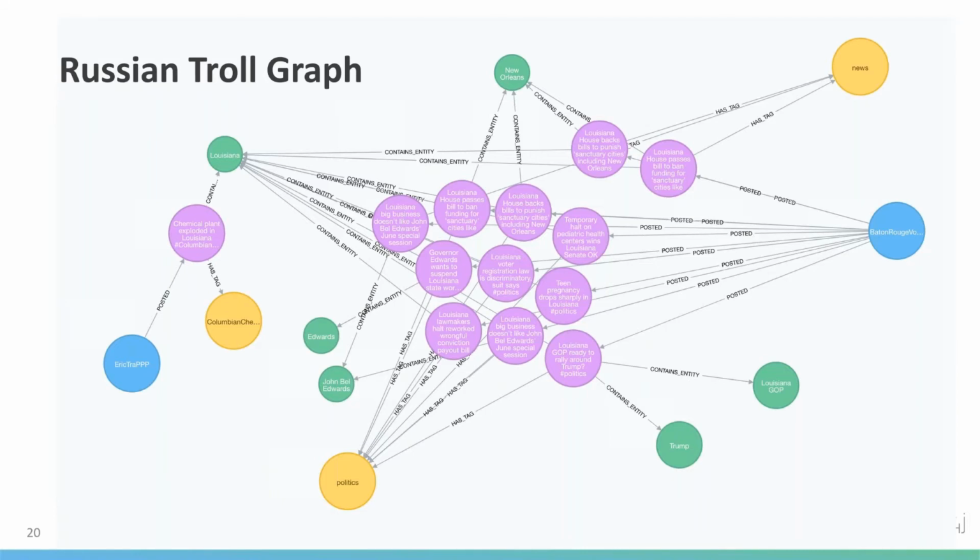Another great example that is quite fresh is the Russian troll graph, and what this is depicting is the types of articles that were being distributed via Twitter. Who are they talking about, whether it's John Bel Edwards, whether it's Donald Trump, whether it talks about location specificity, where these things are going on.